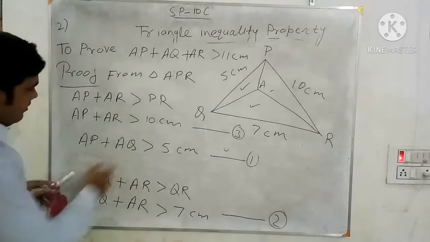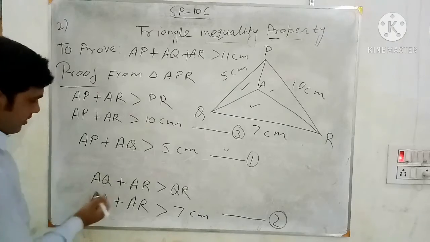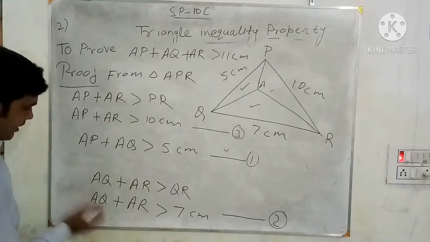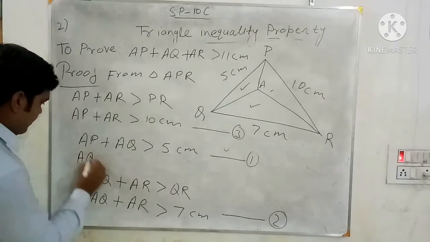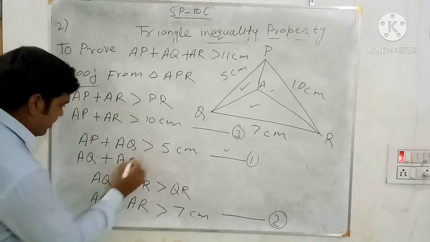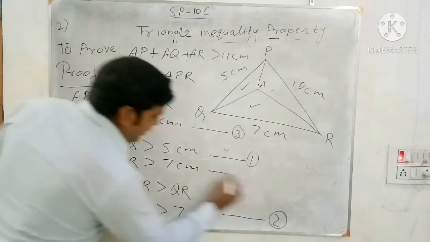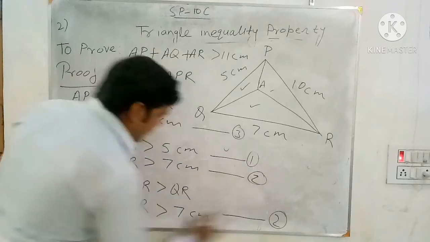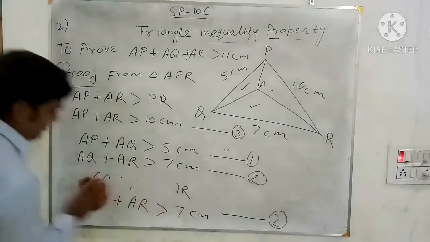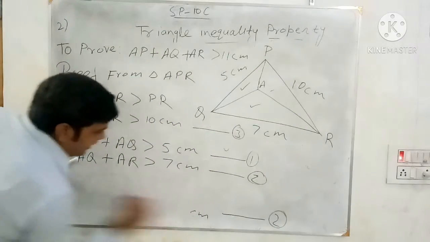Here is 1, so I am going to write it here. Equation number 2: AQ plus AR greater than 7 centimeter. That is equation number 2, and I am going to erase this line.